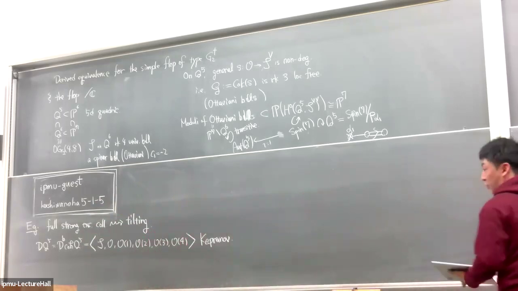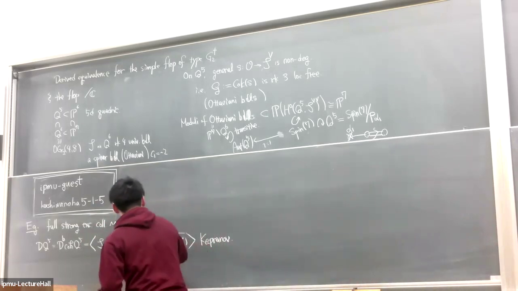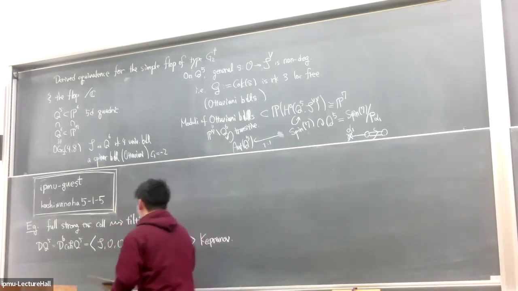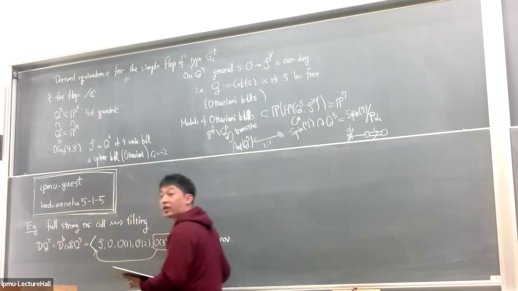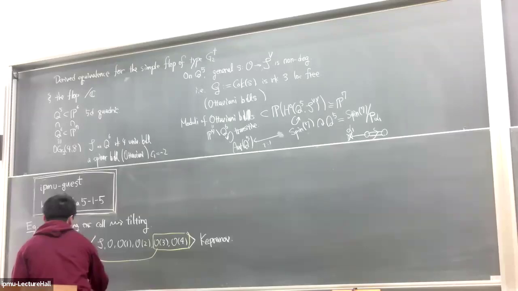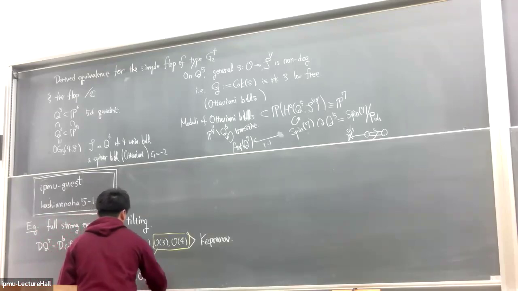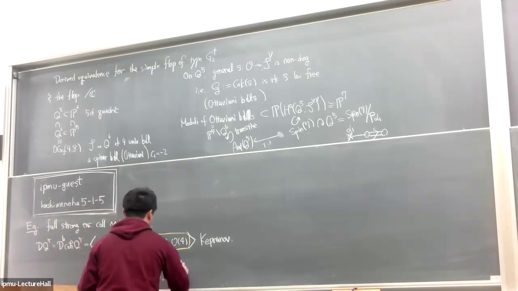Today I don't use this exceptional collection, but instead I use the other side of the exceptional collection, starting from O(-2), O(-1), then S, O(1), O(2).